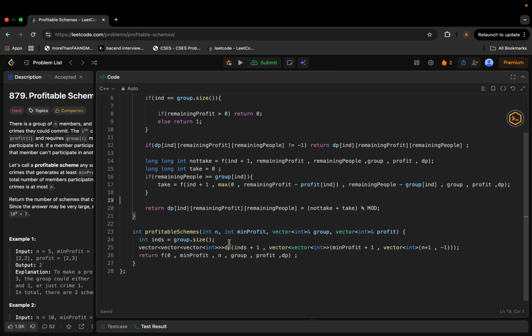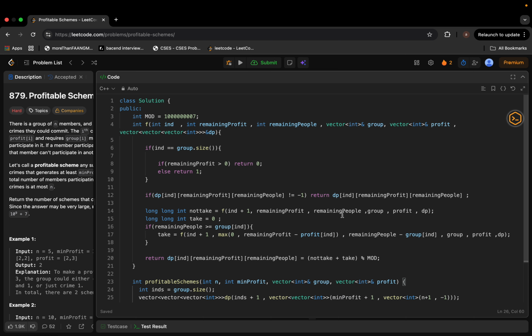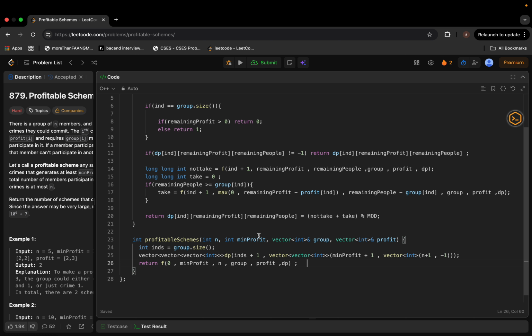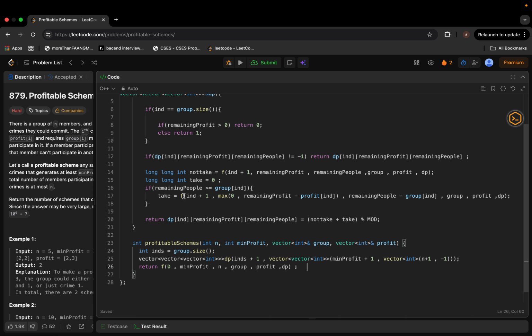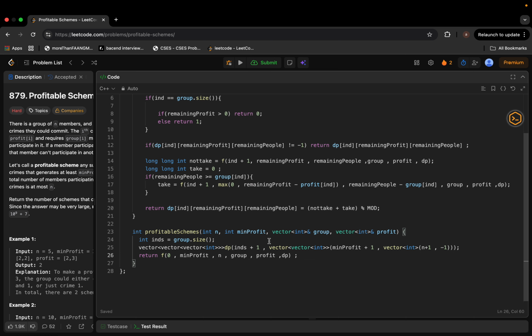Now how have we initialized the dp? Initialization of the dp vector: we have three changing parameters. One is the index itself, another is the profit, and another is the remaining people.